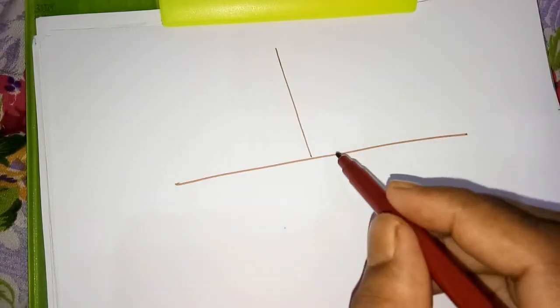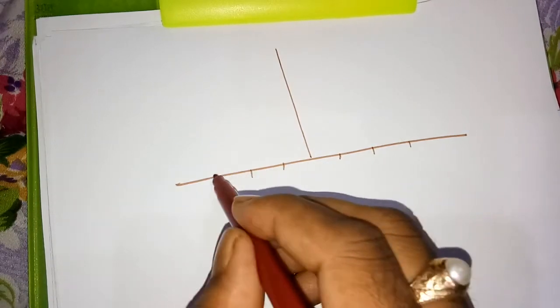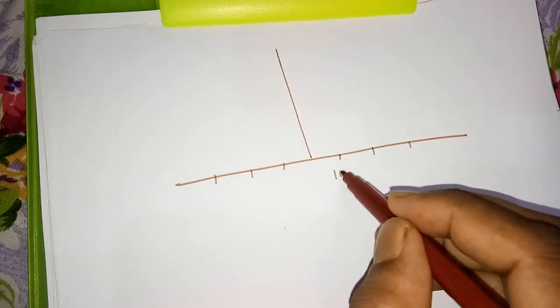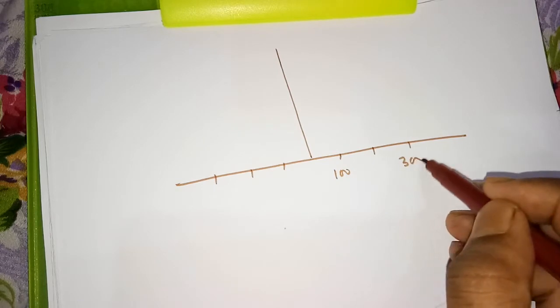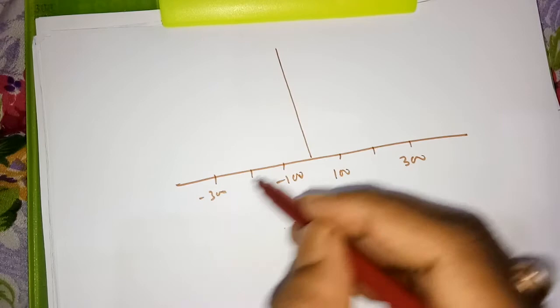The Charles law graph is like that, with -100°C, 200, 300, -100, -300.